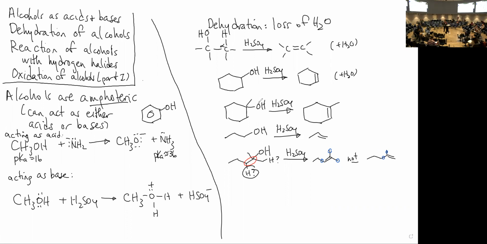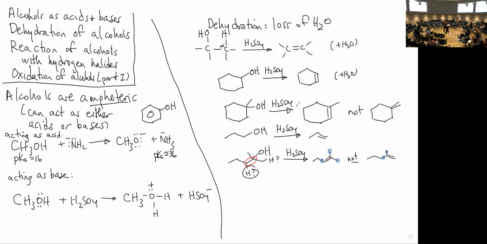And actually, I gave an example up here, almost without realizing it. In this case, the alkene you get is this one over here and not that one. That alkene is less substituted than this alkene.